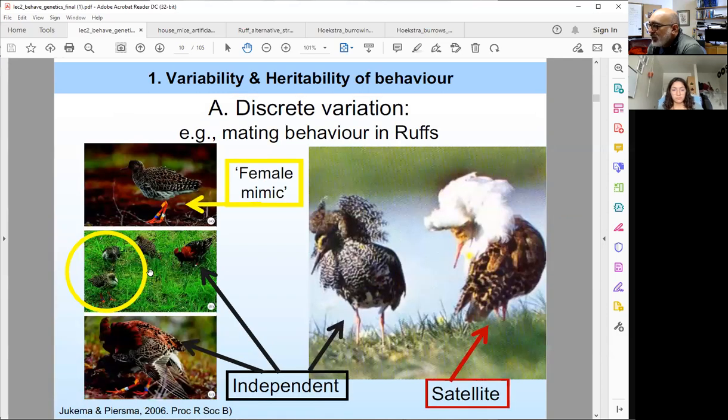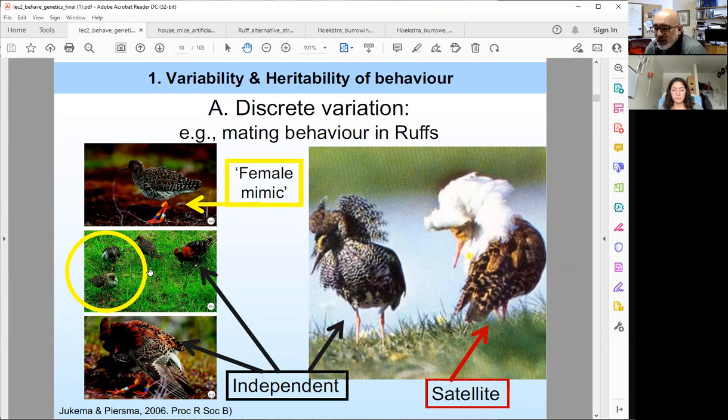And this is an example of discrete variation in mating behavior in a bird. I've put a paper on D2L for you to look at based on this as well. These are what are called ruffs. These are shorebirds whose mating behavior is quite complex.